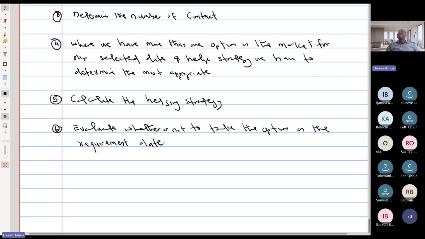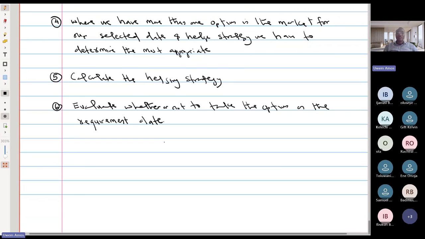Okay, so these are the 6 steps we're going to take. And the good thing about our approach is that some of these steps are similar to what we did with futures. So we're just going to apply the same steps. And let's go through them one at a time.